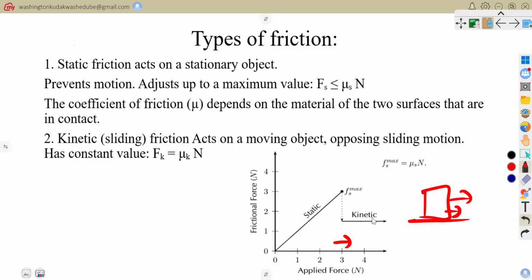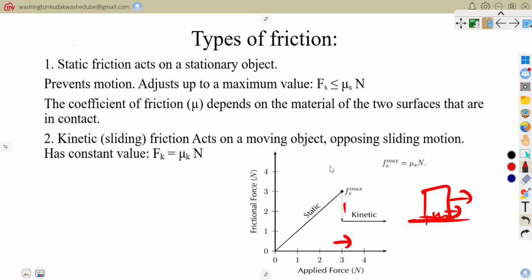Once we overcome that, as the box is sliding, we are going to have a minimum opposing force of motion, which we refer to as the kinetic frictional force. This is where we have a drop from a greater maximum static frictional force to a lower frictional force, and this is going to remain constant because our object is in motion.